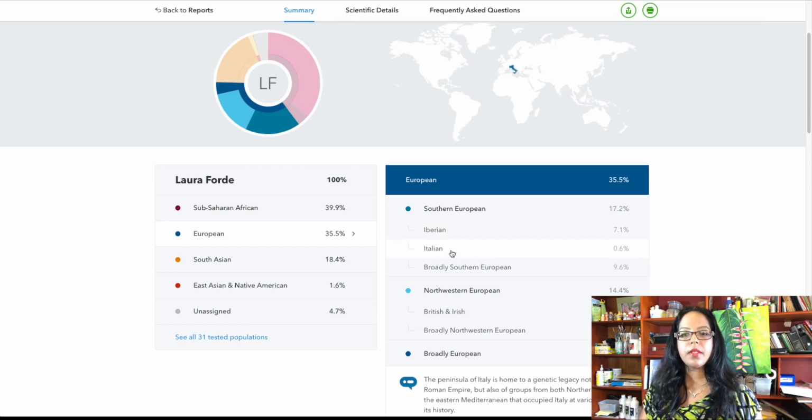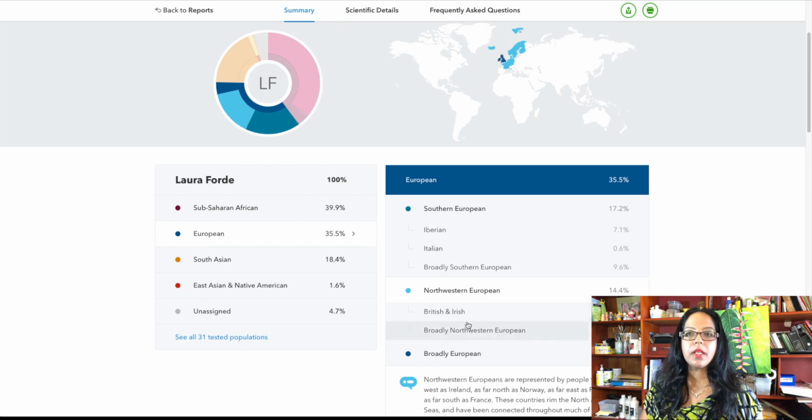This one was a surprise to me. I'm 0.6% Italian. I did not know that I had Italian in me, so that was something that I learned. And therefore I am 9.6% broadly Southern European, so this part of Europe. And then I am 14.4% Northwestern European, so that represents these colors up here.